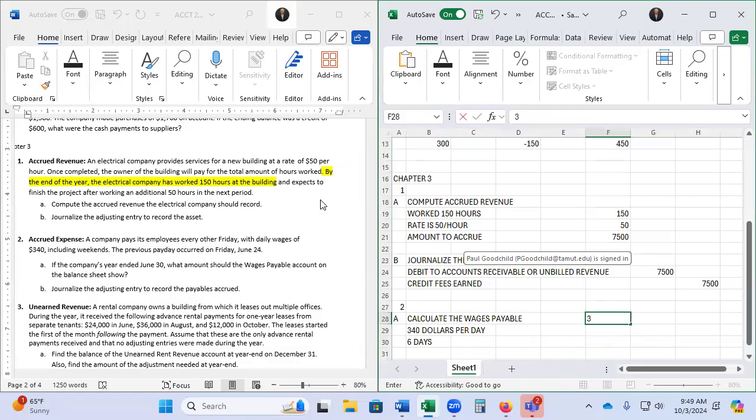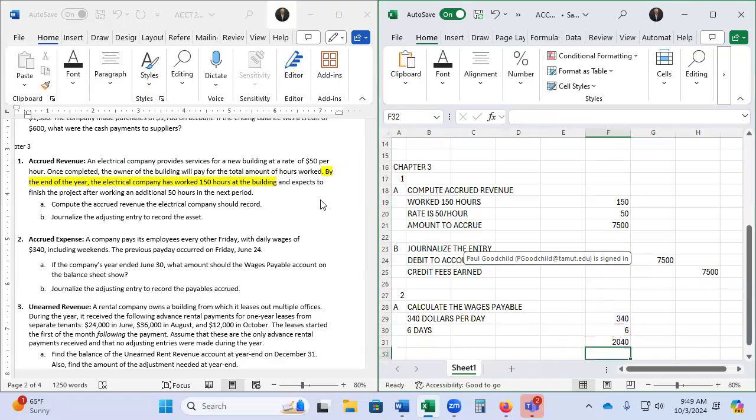And so we take the 340 and multiply it by 6. And we end up with 2,040. Correct. 30 minus 24, 6 days.